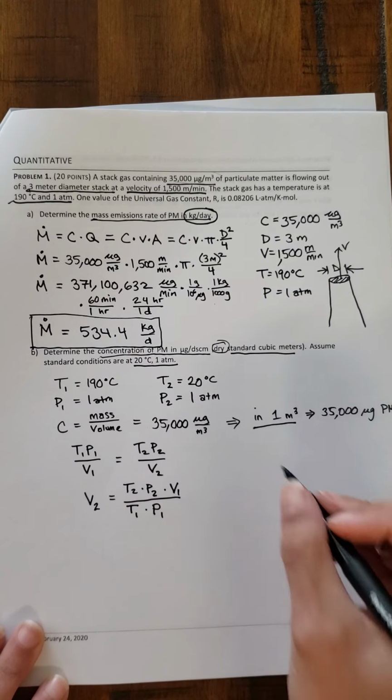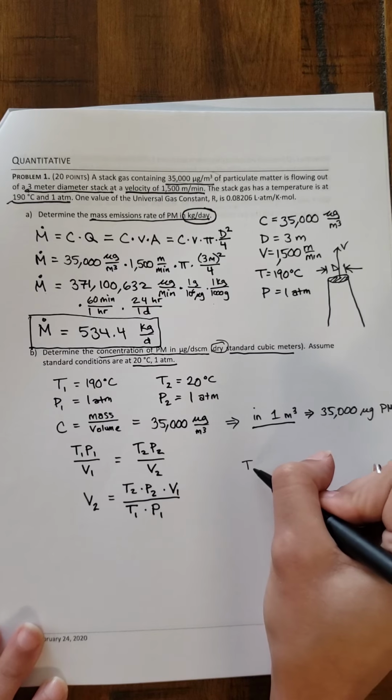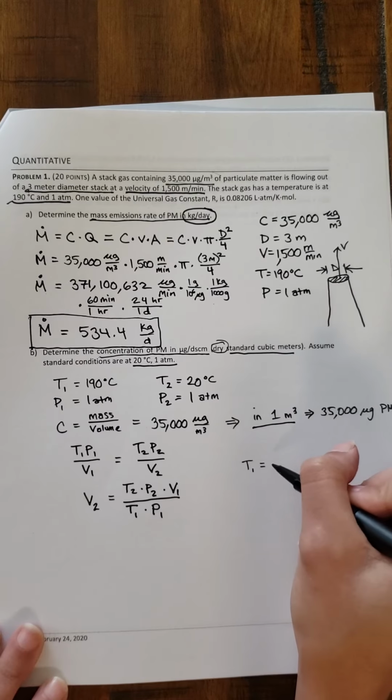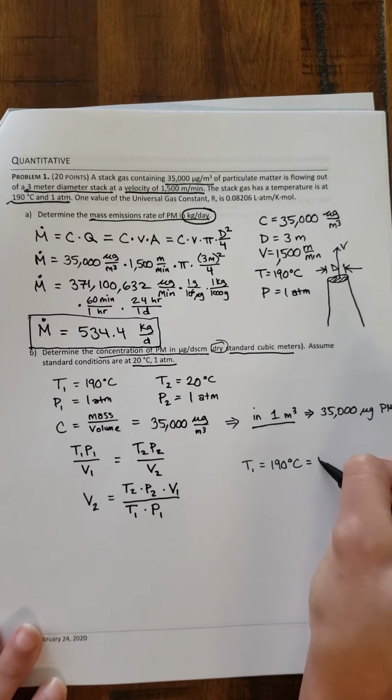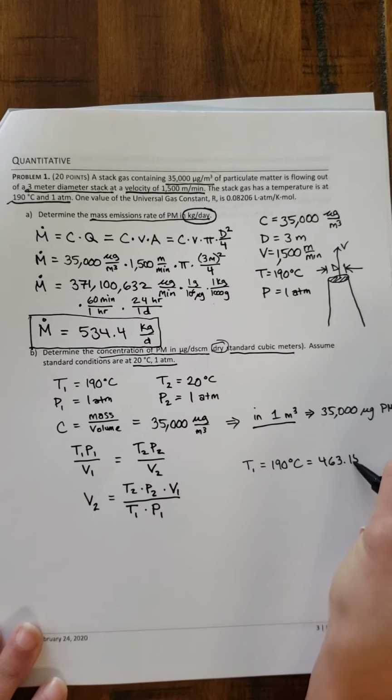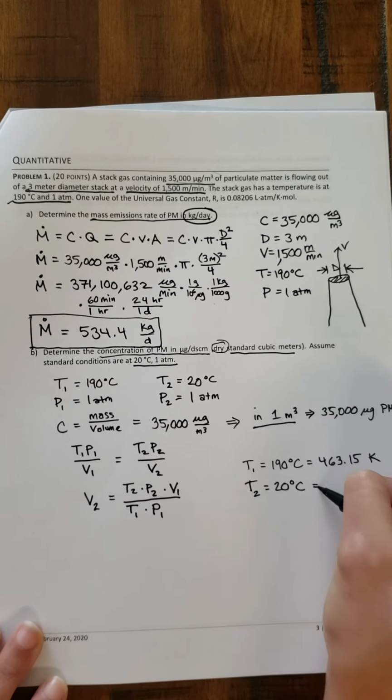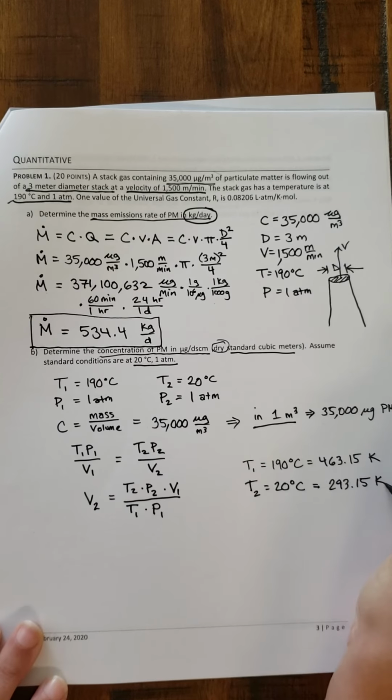Now, the other thing is we want to get these temperatures in terms of Kelvin. So in this case, we're going to convert from 190 degrees Celsius into 463 degrees Kelvin. For T2, we're going to convert from 20 degrees C into 293 degrees Kelvin.